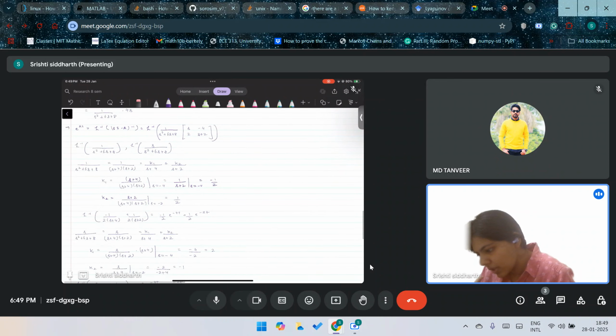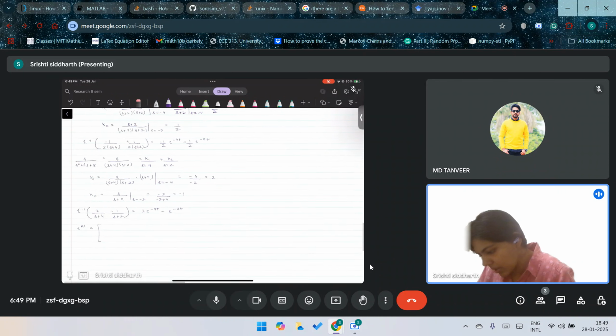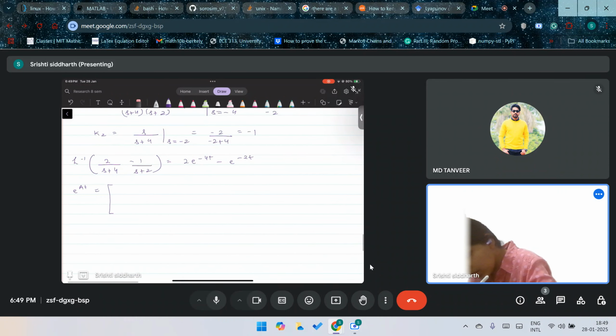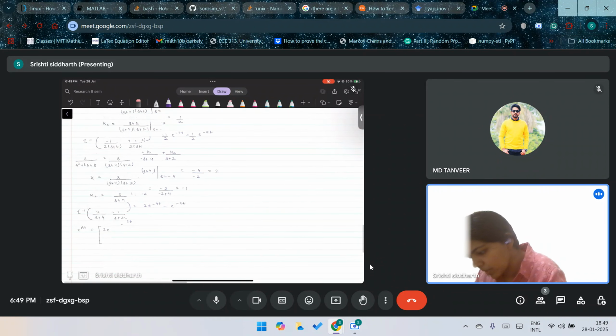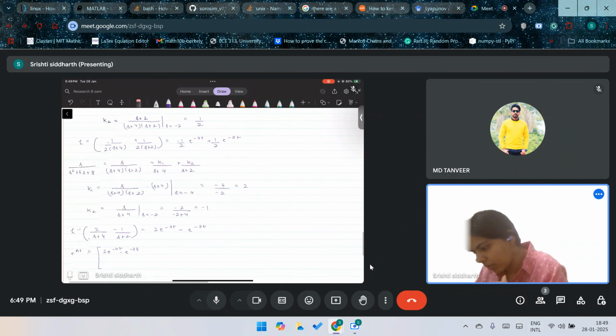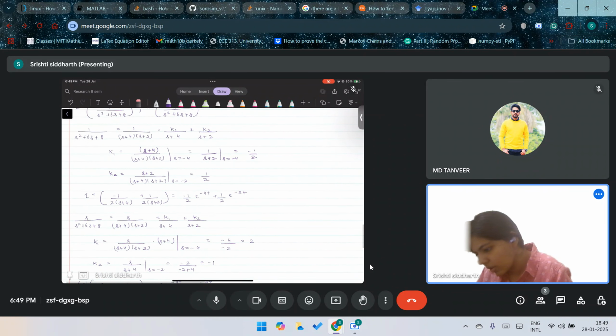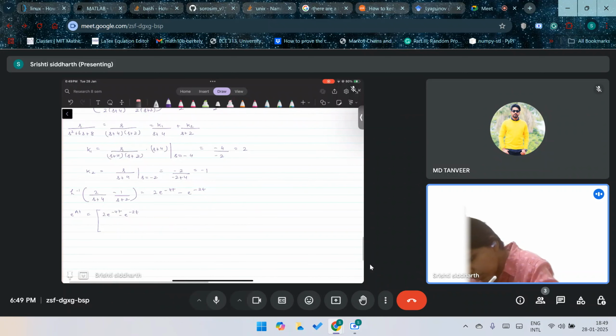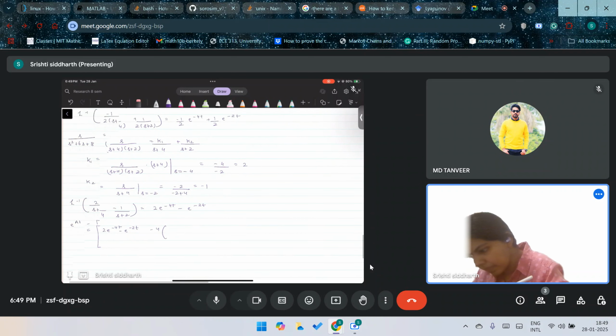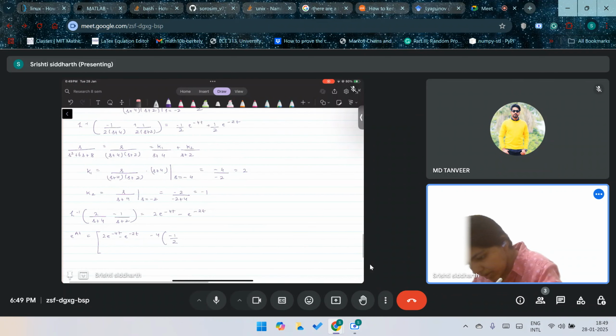The first one is s over s squared plus 6s plus 8, so that becomes 2 e to the power minus 4t minus e to the power minus 2t. The next one is minus 4 times the expression which we had the first time, so minus 4 times minus half e to the power minus 4t.